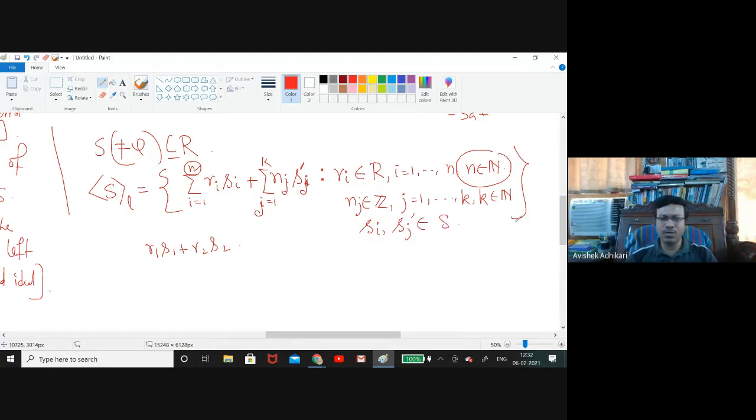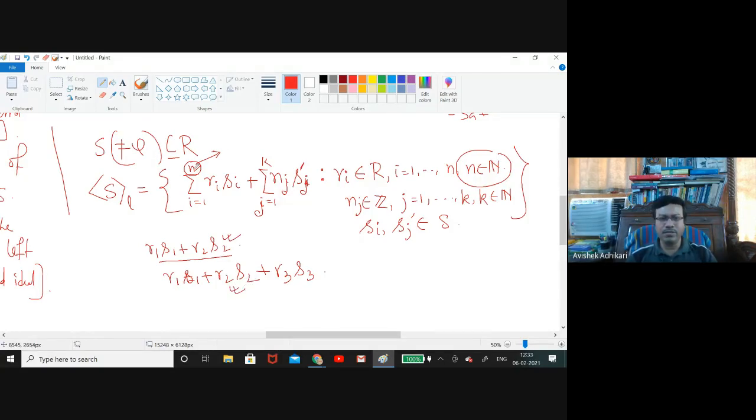Okay, so that's the whole description. It may happen that you have R1 S1 plus R2 S2 plus R3 S3, that is also there. Now if you make n fixed, suppose n is equal to 2, then only this element will be there. But how can you justify this element?